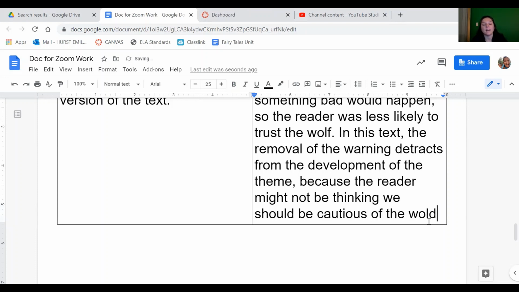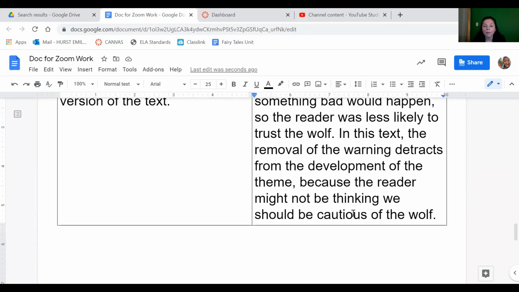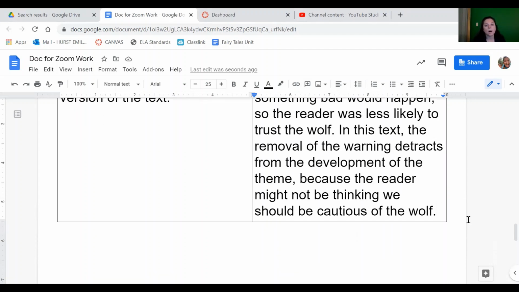I think taking that out takes away from the theme. What I want you to do is find another example of a difference from the first text to this text and tell me, does that highlight the theme? Does it bring more attention to the theme or does it make it less obvious like this one did? Pause me while you do that and press play when you're ready to continue.